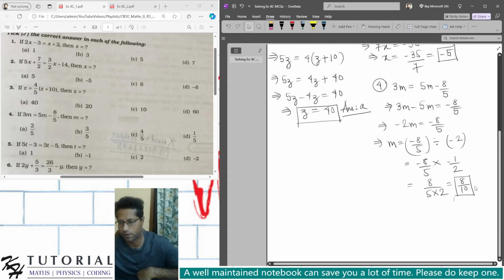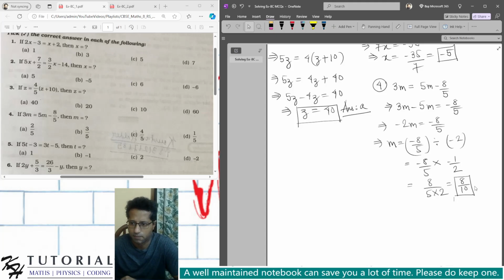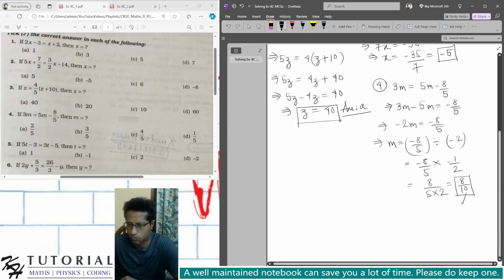That is, the value of m that satisfies the given equation is 8 by 10. Sorry, it can be further reduced. 8 by 10 can be further simplified to 4 by 5. So 4 by 5 is the solution or root of the given equation, and hence the correct choice is C. C is the correct choice.